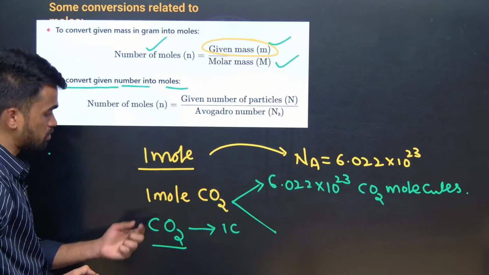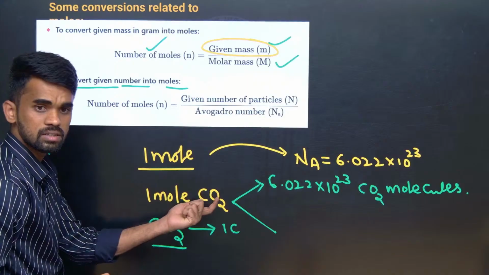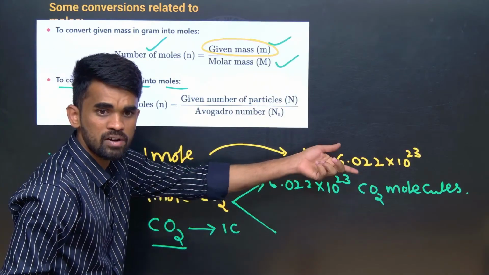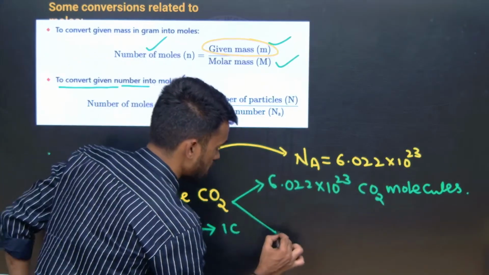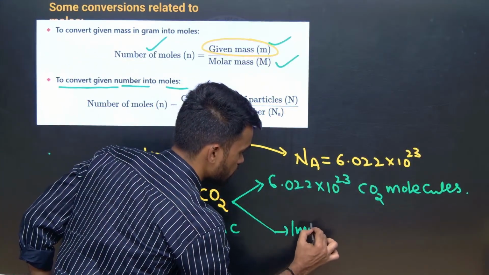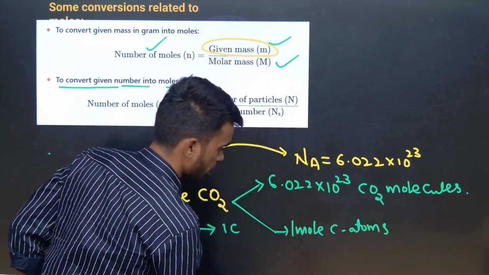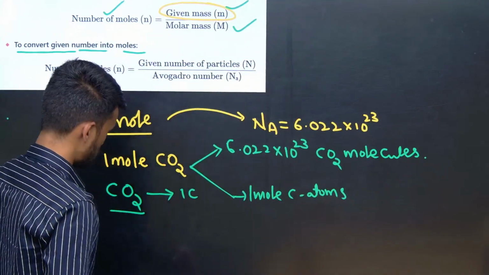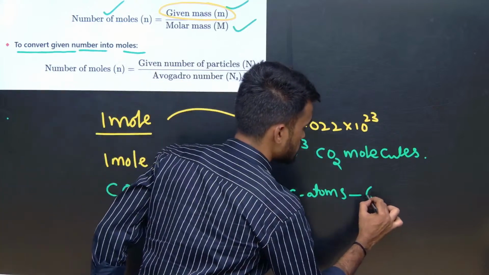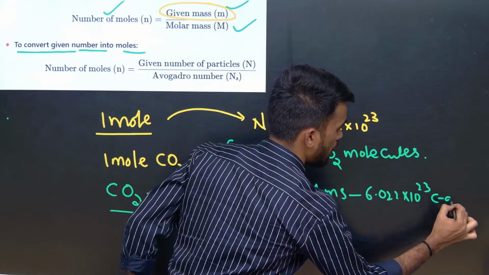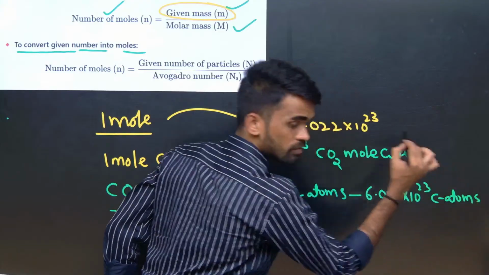It means 1 mole of CO2 contains 1 mole of carbon atoms, that means Avogadro number of carbon atoms. So we can write 6.022 × 10^23 carbon atoms. Is this clear? Very basic thing.